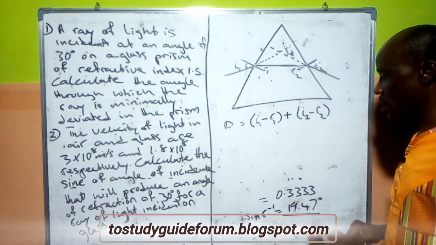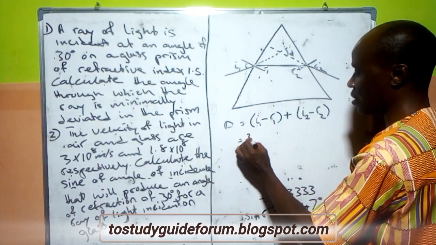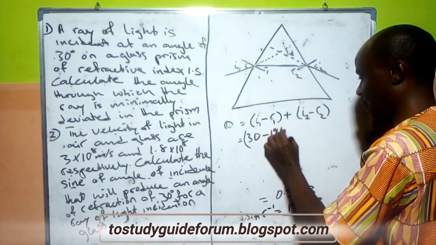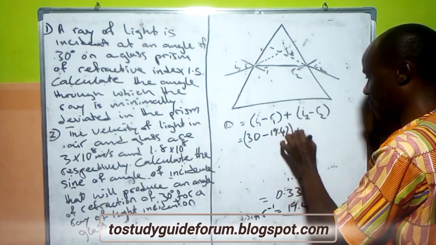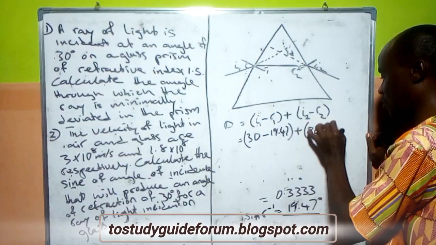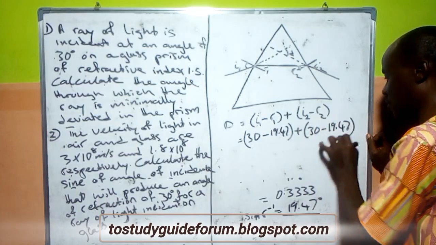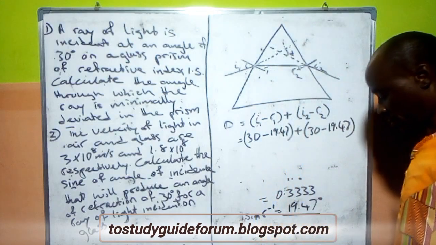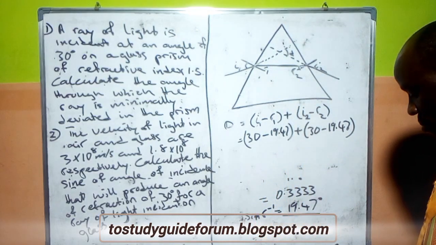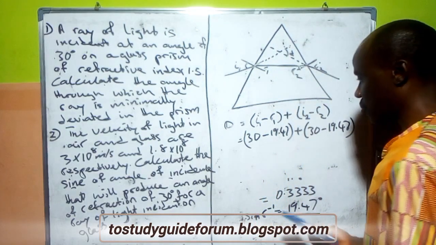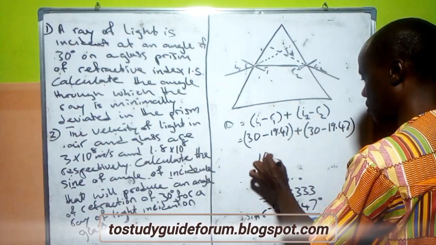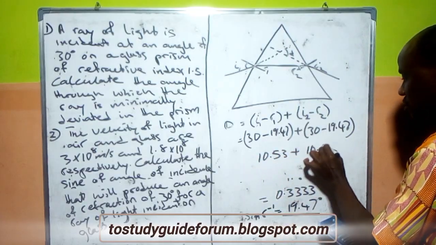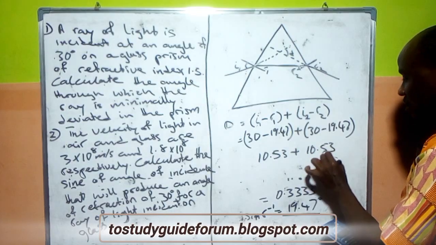So we have 30 minus 19.47, all in bracket, plus 30 minus 19.47, all in bracket. If we do the subtraction, what we get here will be 10.53 plus 10.53.